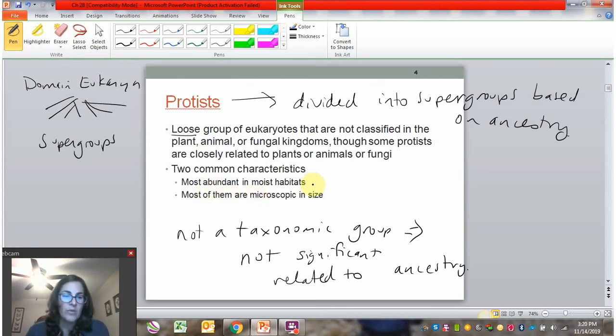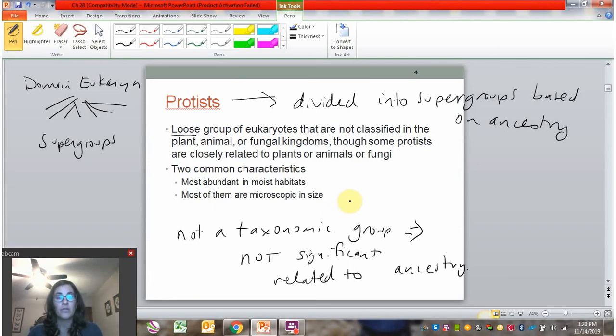Now, so why are we still using this term if it doesn't tell us about evolutionary history? Remember, the goal of taxonomy is to generally make all of our terms relate to evolutionary history. And the reason is just that this term is super historic. People really like to use it still. And it is such a big group, and they do tend to live in similar environments. People just really like to still use a lot of these non-taxonomic terms.